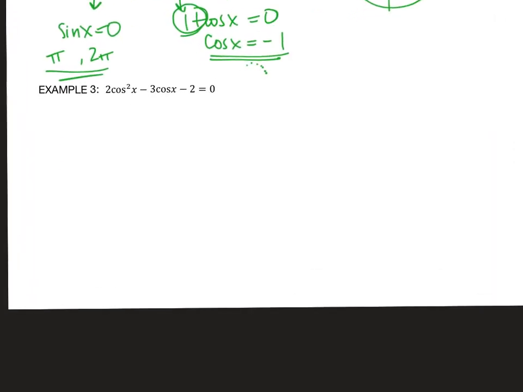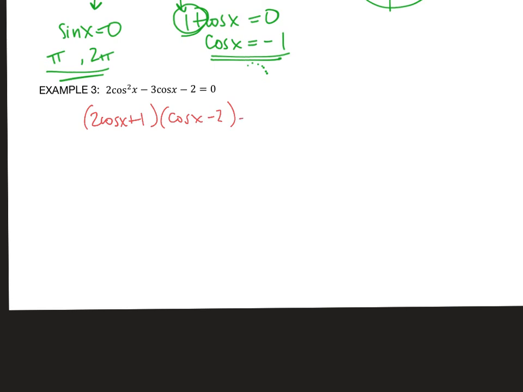This will be another factoring of a trinomial, which turns out to be 2 cosine of x plus 1 times cosine of x minus 2. I'm going to set each of those equal to 0.